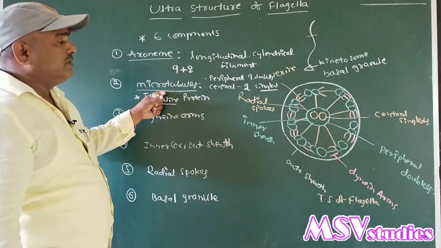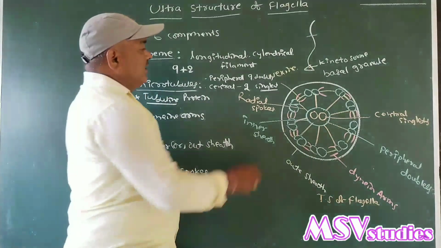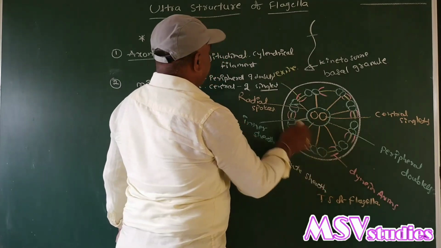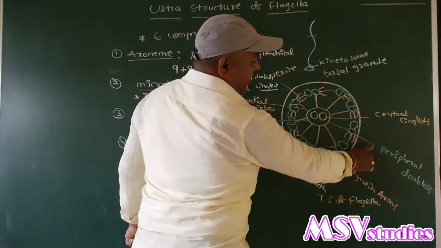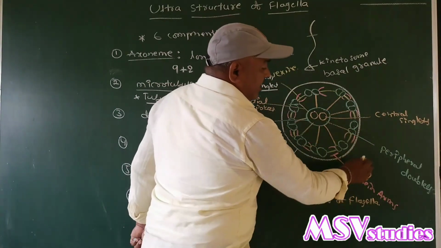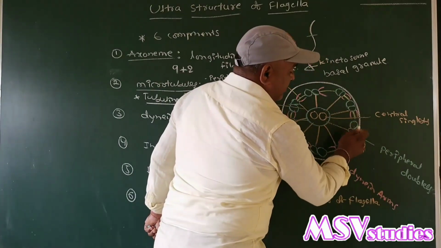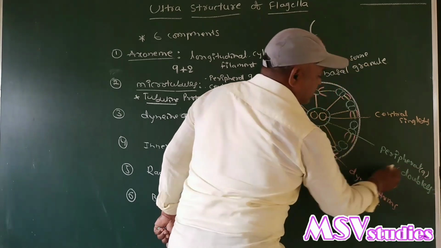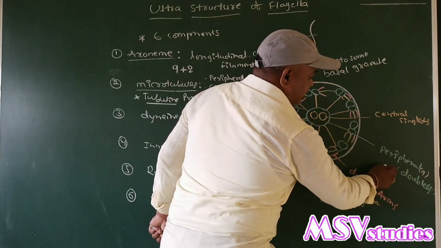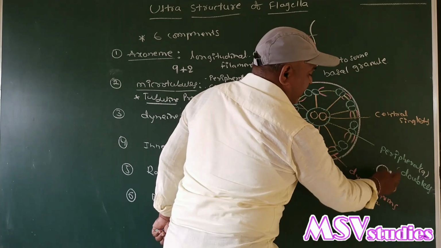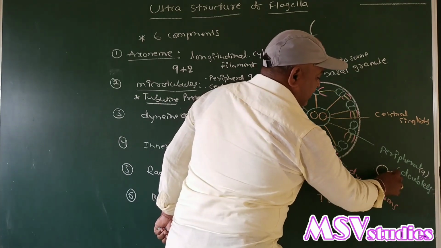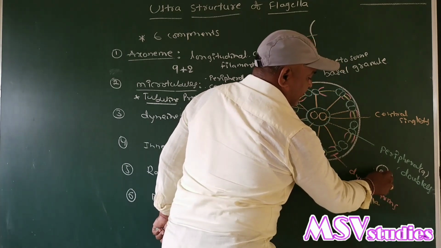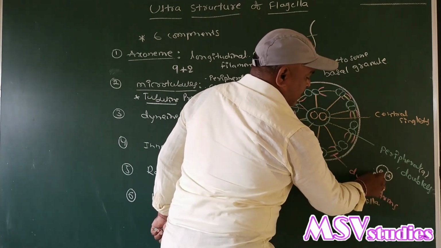These microtubules are arranged in the peripheral region of the flagella. They are called peripheral microtubules. They are 9, and they are also called doublets. In each doublet, one is A and another one is B, alpha and beta.